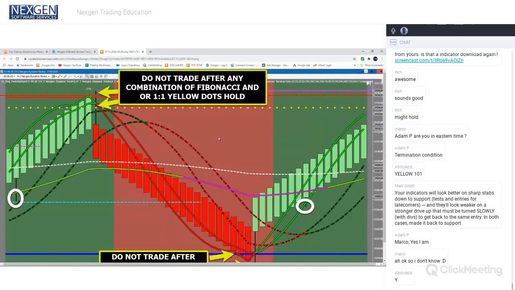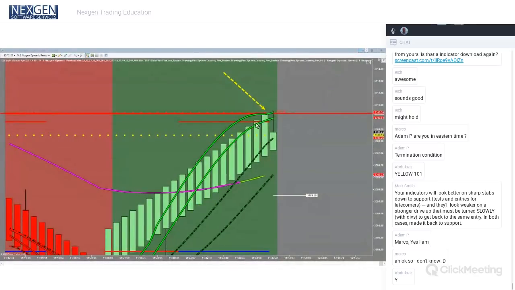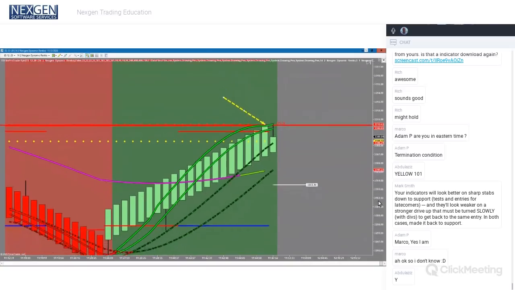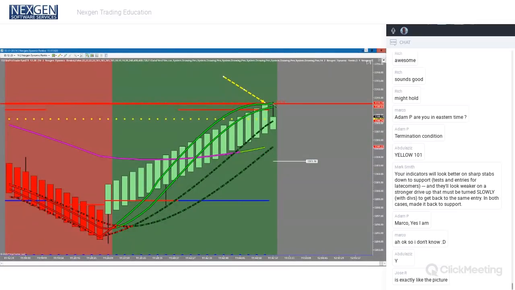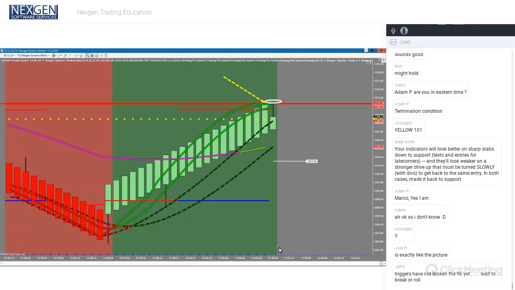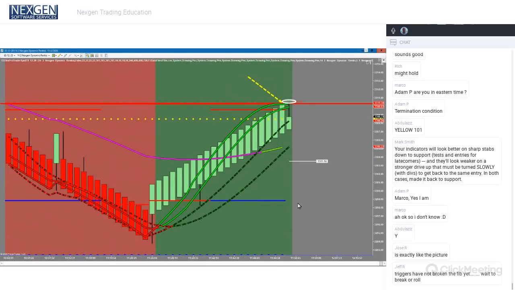Yeah, that's exactly right. So this is a termination condition, and when you see it in the real world, look, it looks strong going up into it. And I'm not saying that we can't keep going. For now, this is an absolute stop going long, period. It almost always goes down from this look.